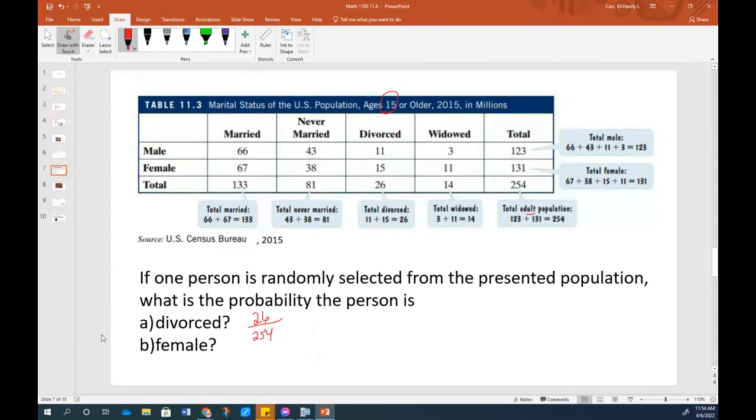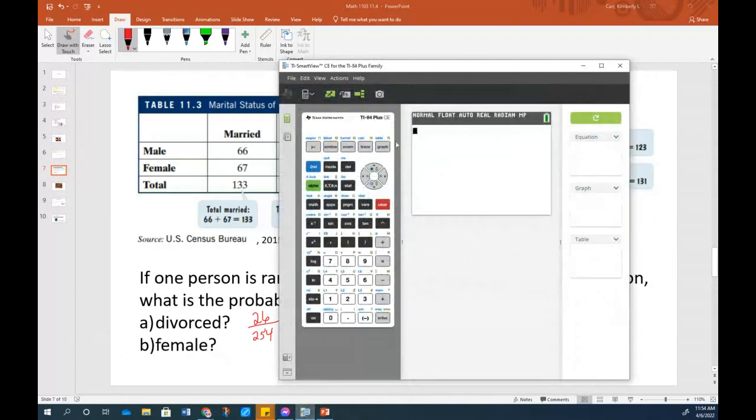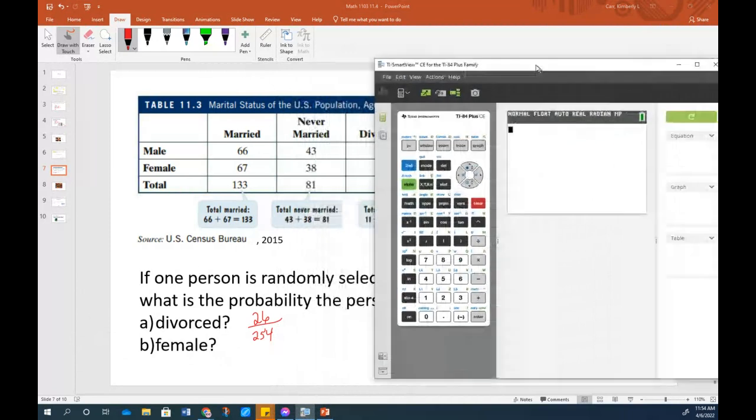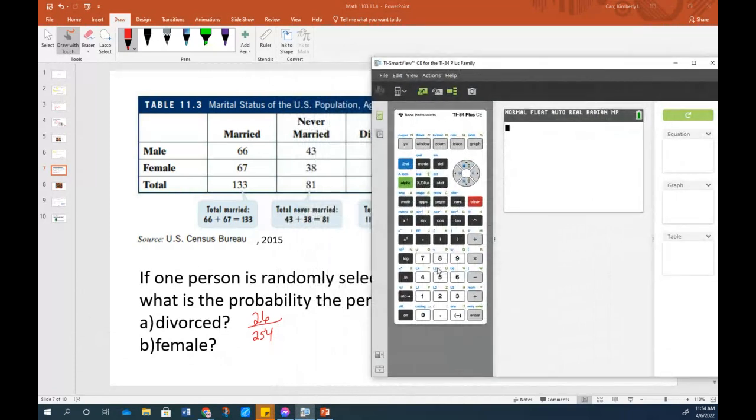We can divide both. I don't know how this reduces really well, so let me show you on your calculator. I know I can divide them both by 2, but a little handy trick on your calculator is just to enter it as a fraction. So we get 26 over 254. And notice when I hit enter, because I'd already entered it like a fraction, it automatically reduced it for me.